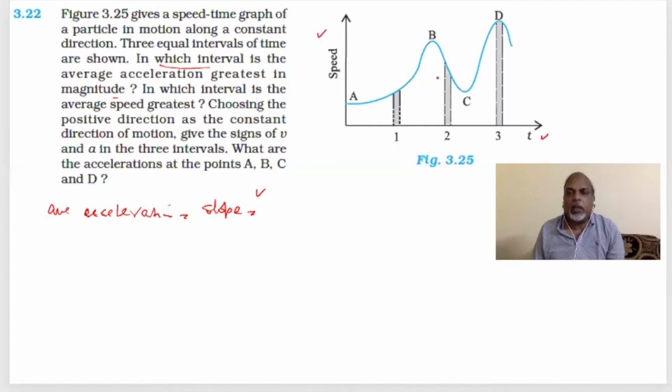Now, in this case, all the three, if you see, this is the slope, and this is the slope, and this is the slope. So in time interval 2, you see the steepest slope is there.